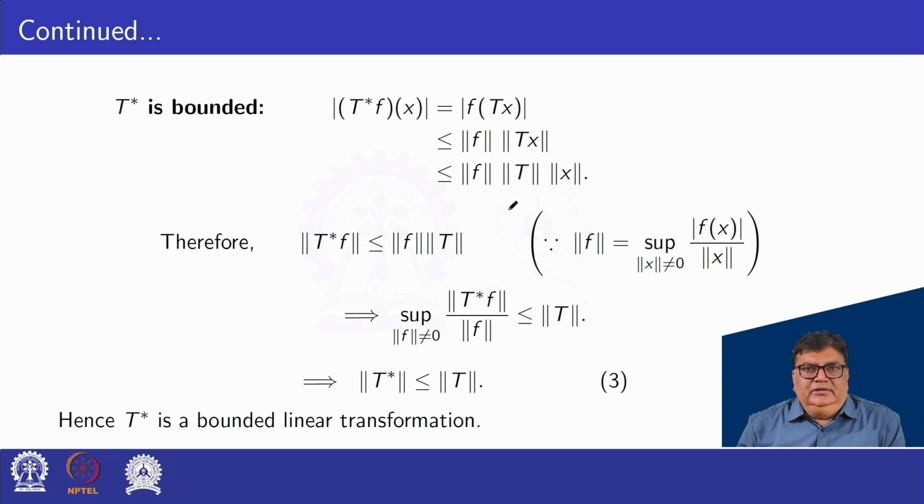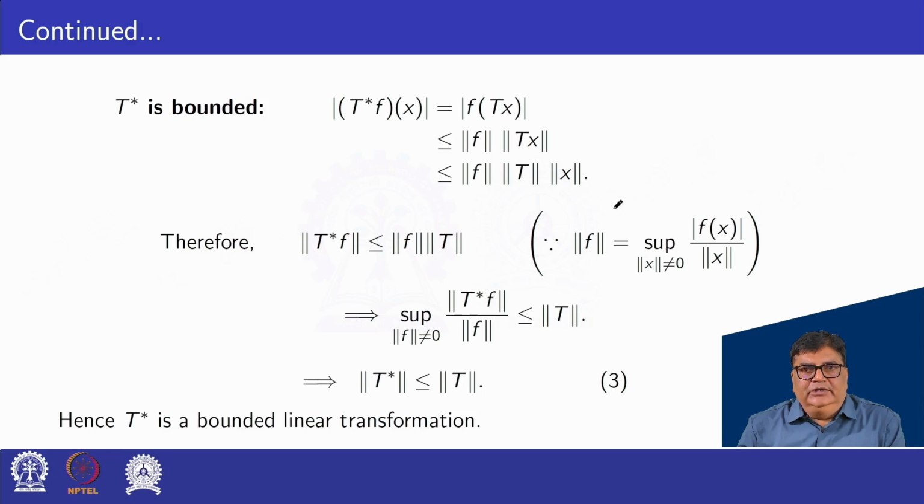Now dividing this inequality by norm x and using the property norm f is equal to supremum of mod fx upon norm x, then this can be written as norm of T star f less or equal to norm f into norm T. Okay, again we divide it by norm of f.